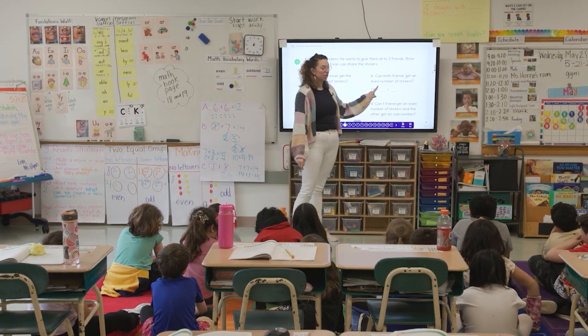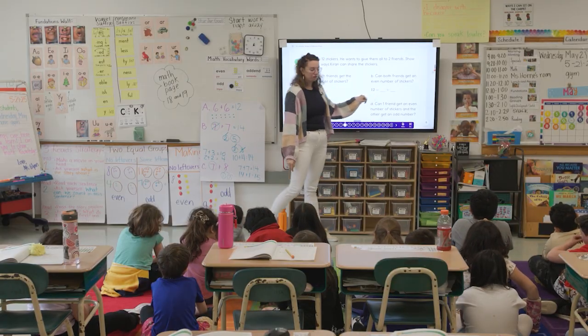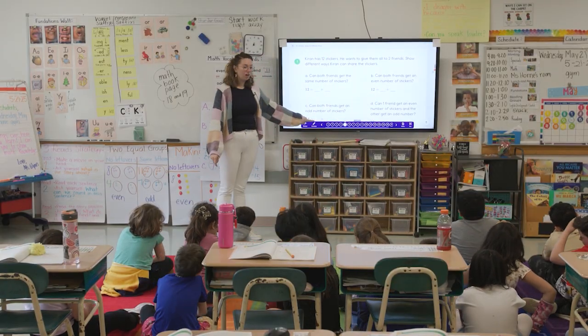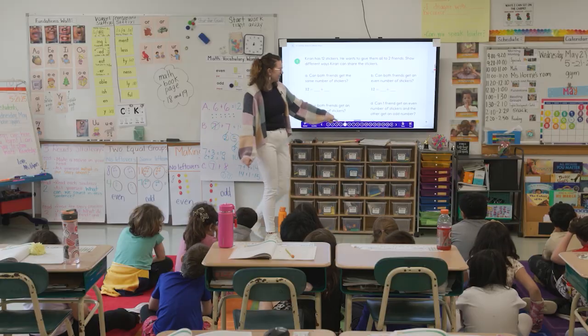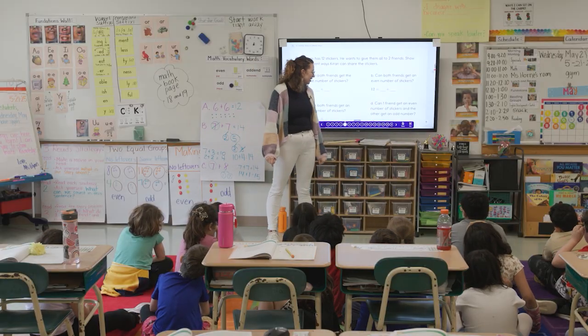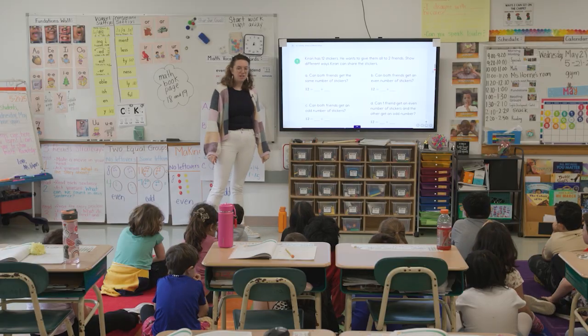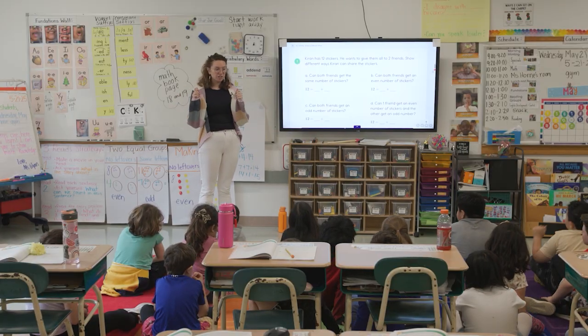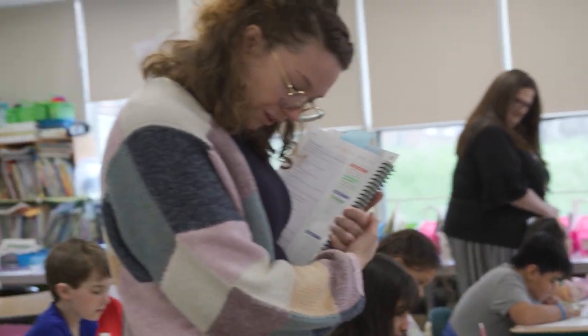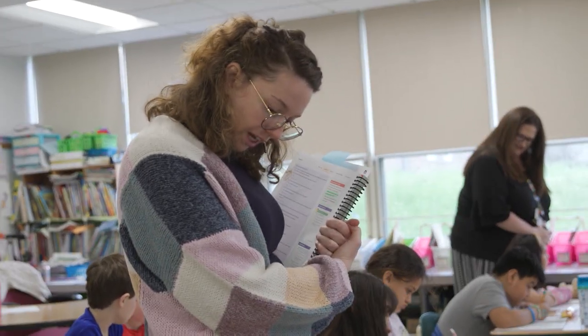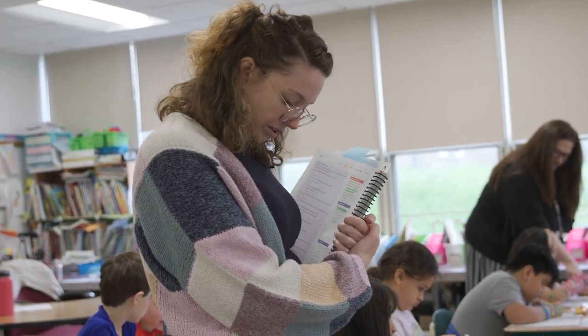Can both friends get an even number of stickers? Can both friends get an odd number of stickers? And can one friend get an even number of stickers and the other friend get an odd number of stickers? I will pass out counters. Okay, what are you going to do here to try and figure out if both friends can get odd stickers?